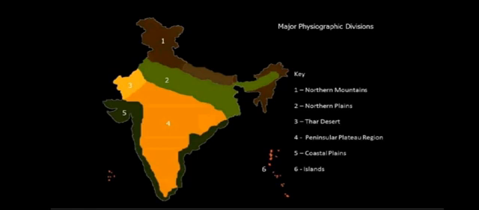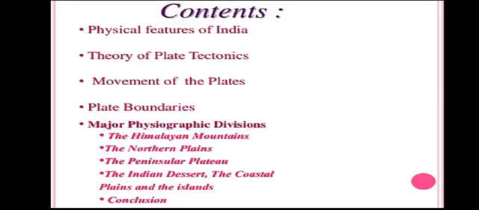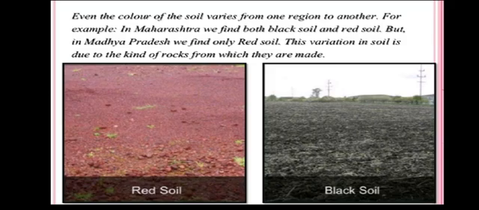So we started with the major physiographic divisions. On the map you can see northern mountains, northern plains, Thar desert, peninsular plateau, coastal plains and islands. Physical map of India also we saw. After that we discussed what we are going to study in this chapter. After that we studied about the hard rock marble.